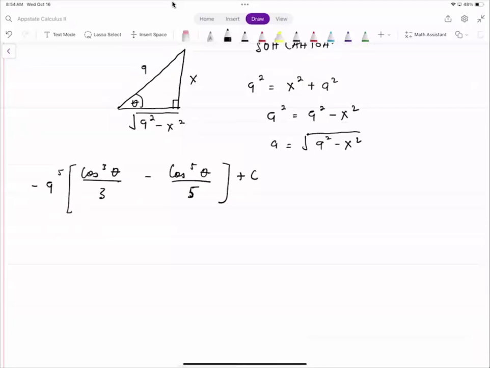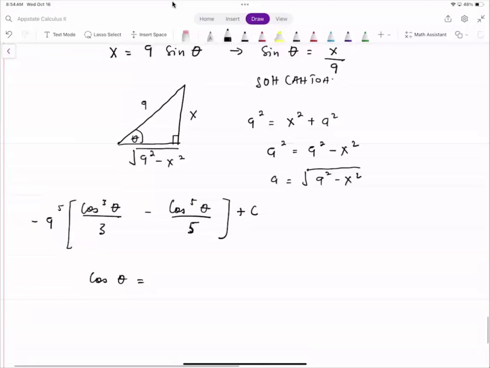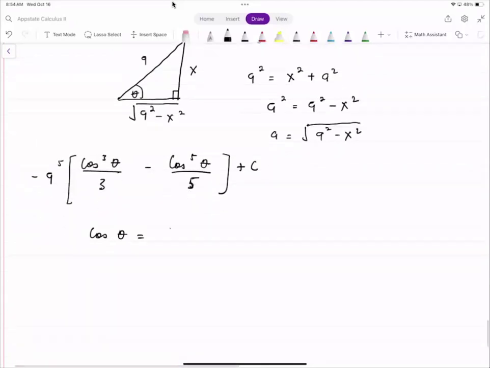And so what is cos theta? Cos theta is adjacent over hypotenuse. And so that should give you 9 squared is 81, so the square root of 81 minus x squared, divided by 9. And then we just try to replace that here.